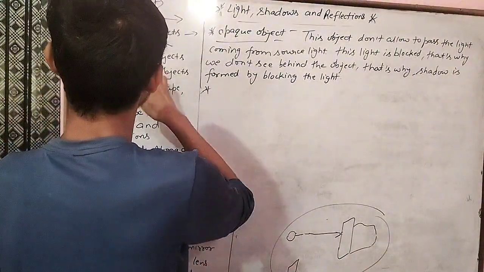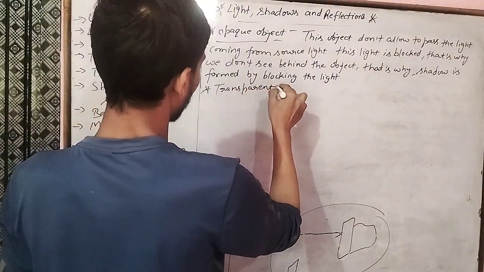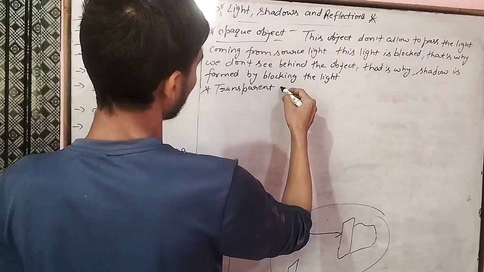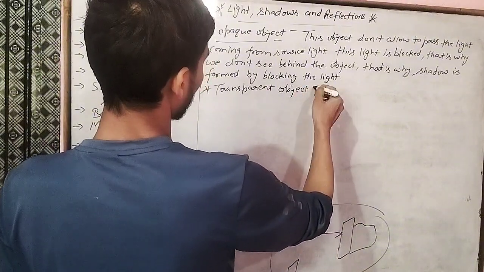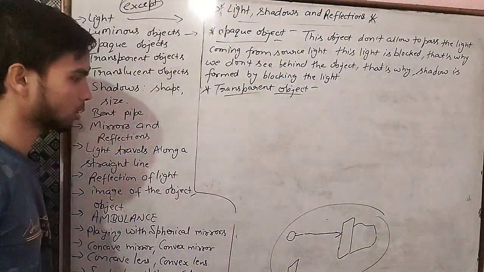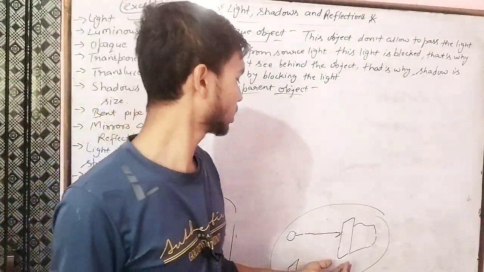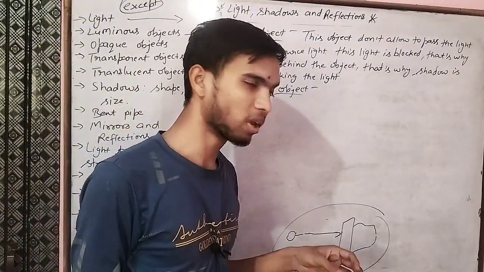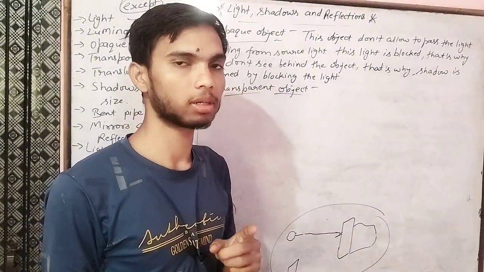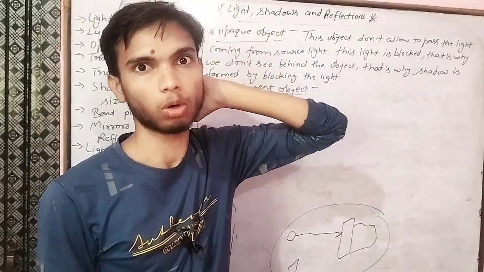Next, transparent. Transparent object. So now we are going to identify this object. We understood how to identify an opaque object.